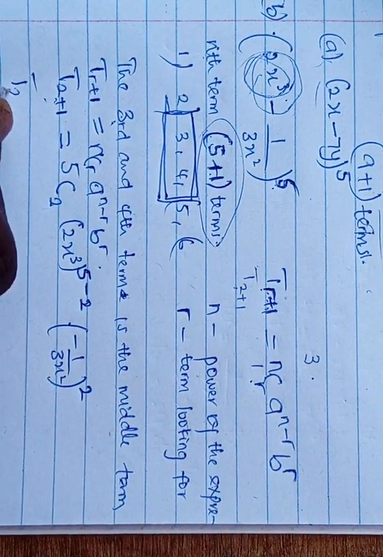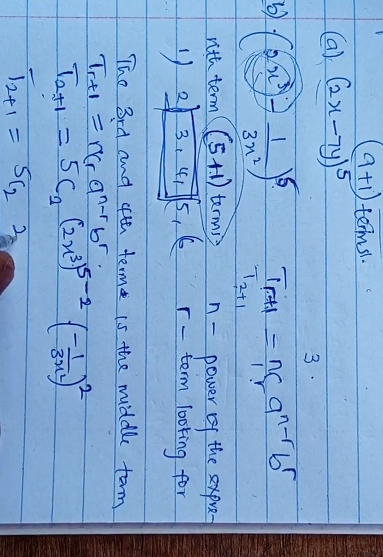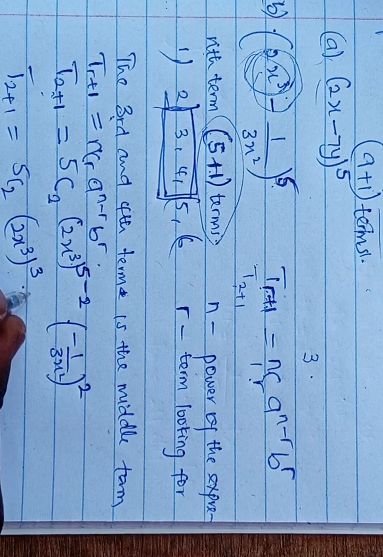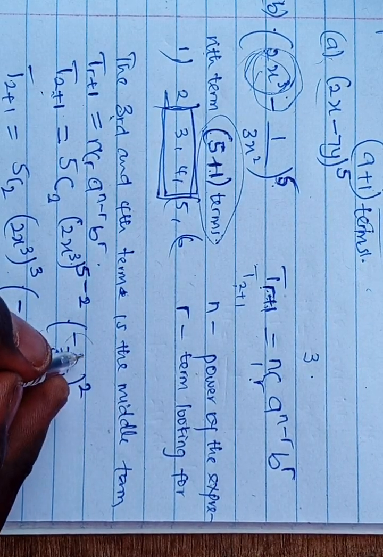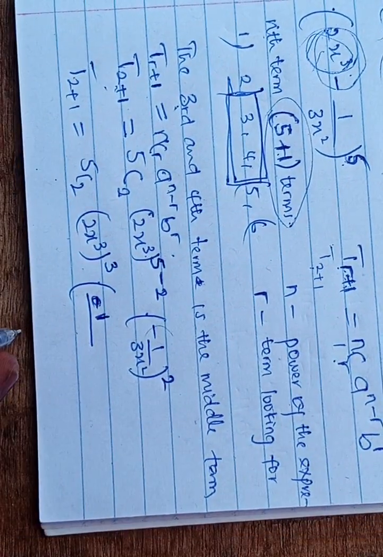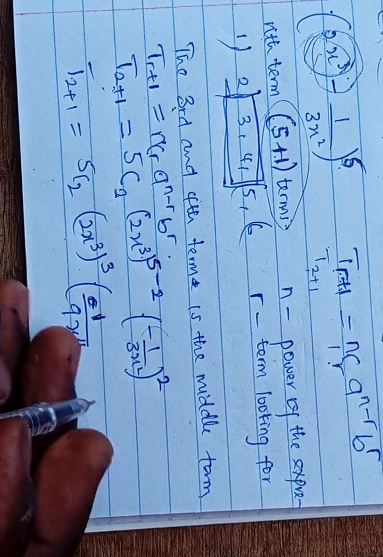You have to simplify. T(2 plus 1) is equal to 5 combination 2, 2x cubed raised to power 3, into minus 1 all squared, which will give us 1 over 3 squared, that is 9x raised to power 4.